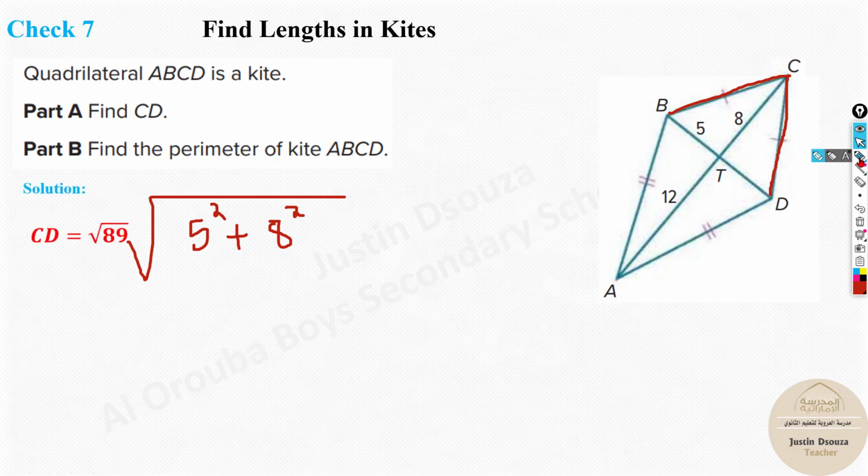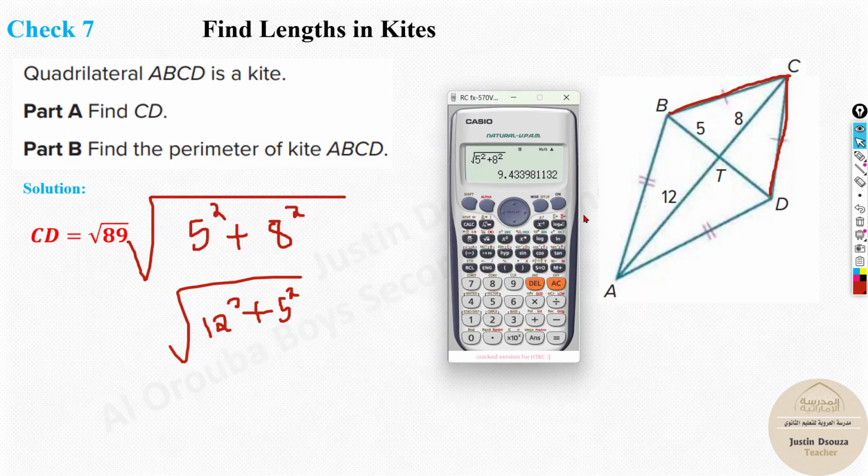Now, what about the perimeter? Don't just stop over here. Find the other side using Pythagoras theorem. Find BA or DA. That would be square root of 12 squared plus 5 squared. Why? Because this is 12 and this is 5. Now, all you need to do is 5 is already there. I'll just change this 8 to 12.